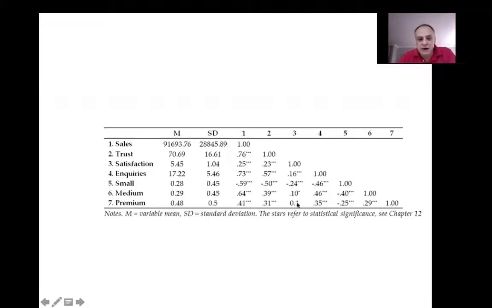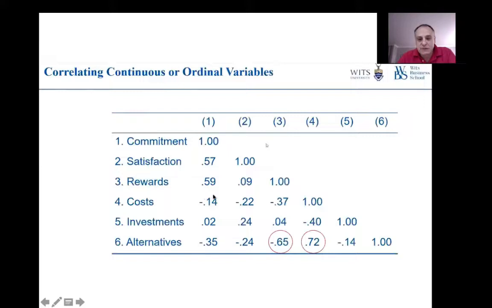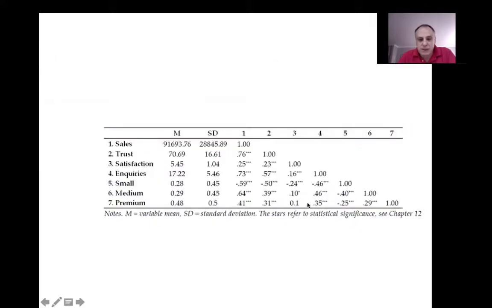And if we look here, the premium is, whoops, sorry about that. The premium has very low correlation with satisfaction. And you can see there's a couple of stars next to these. What this is, is that the statistical package is actually interpreting this for you.